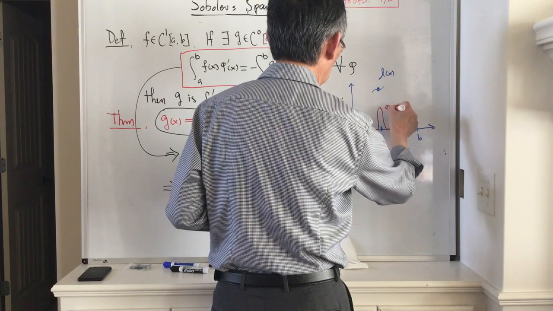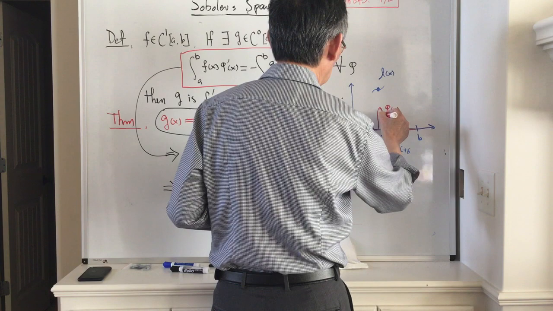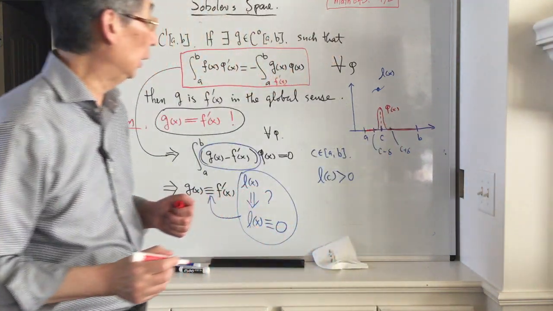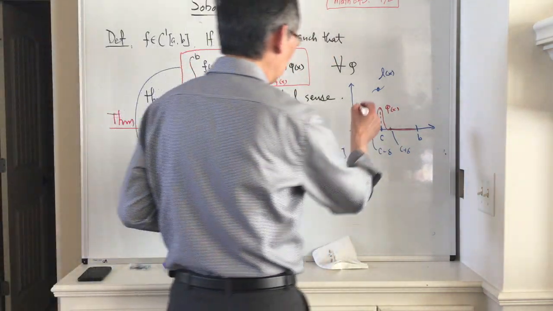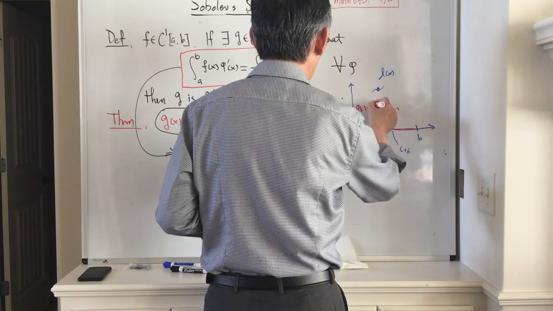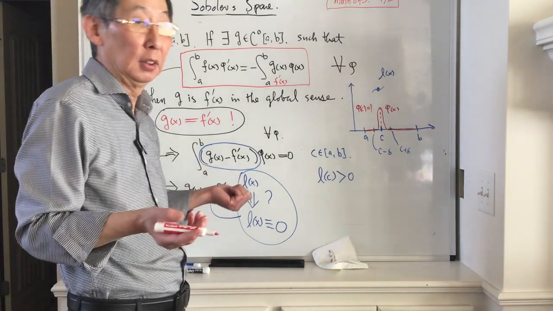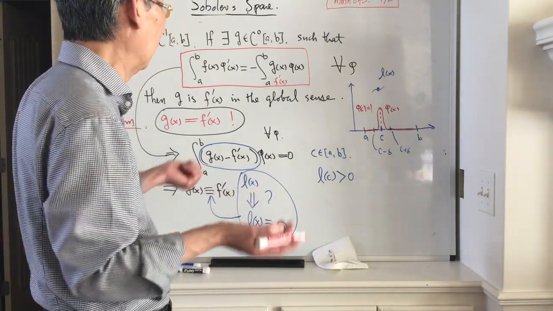And at the c value, phi(c) is exactly equal to 1. I can create such a function in a very simple way, set by this condition.